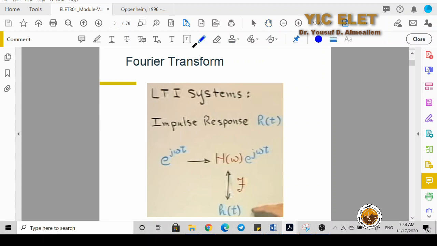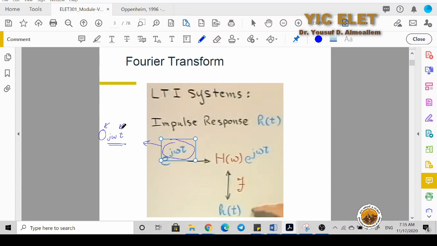So if we look here, j omega t is a purely imaginary function. If we want to generalize this to a general complex exponent, we have to add some real part.